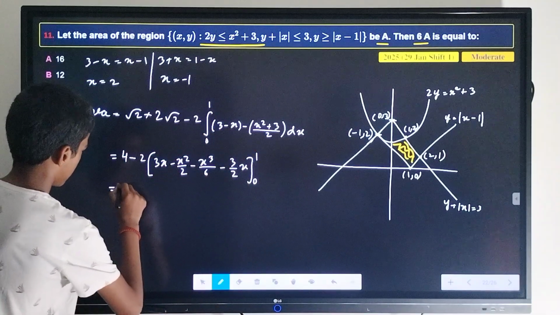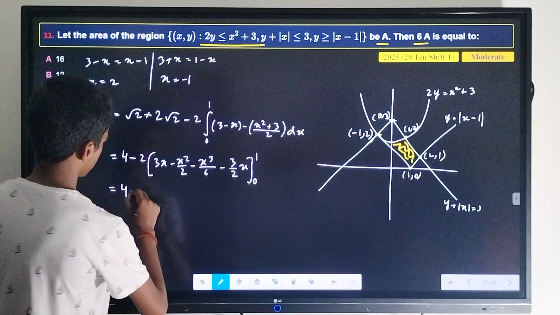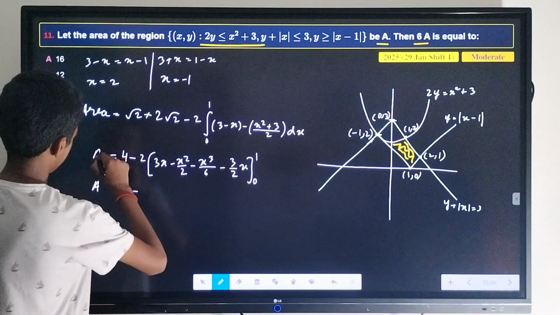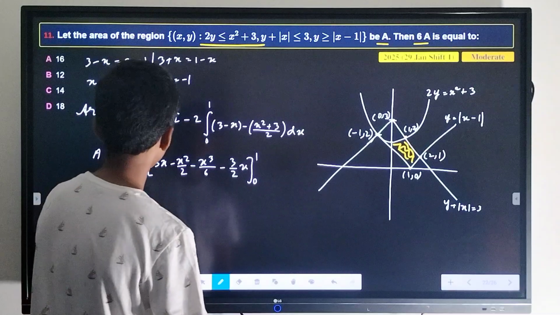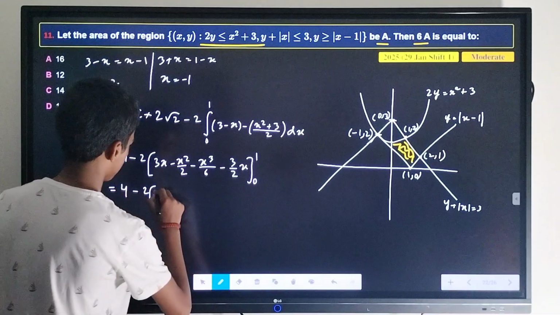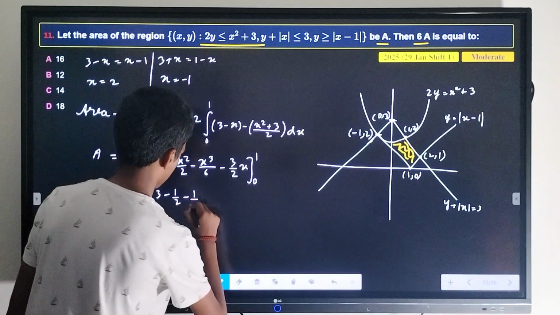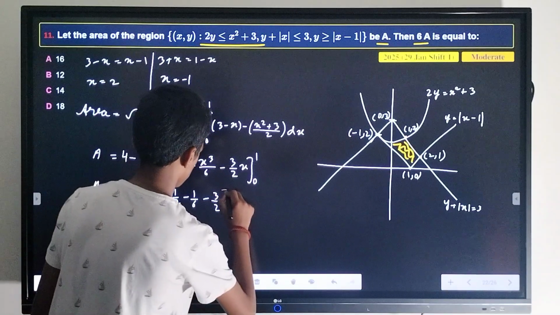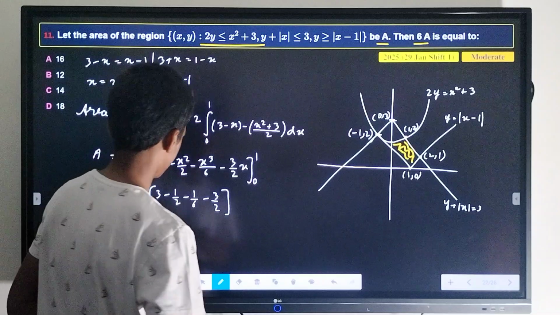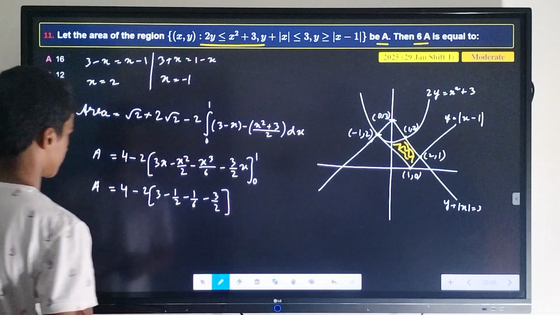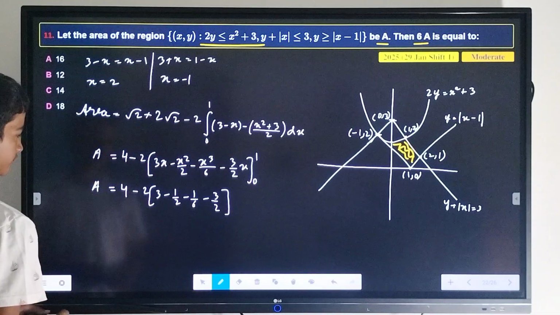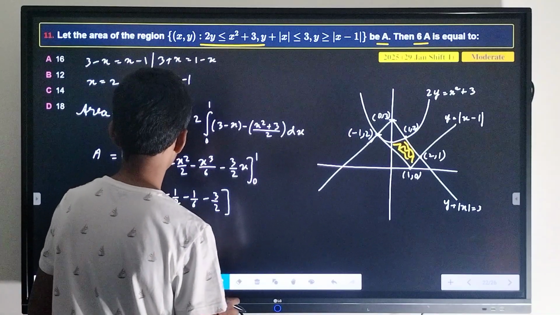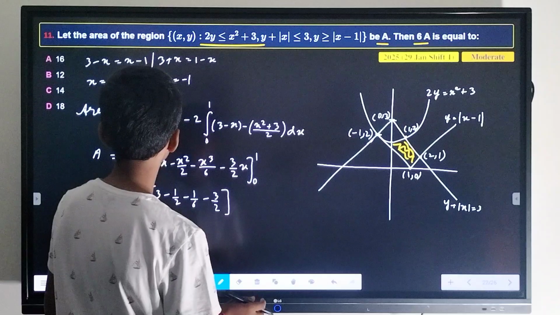So this is equal to 4 minus 2 times 3 minus 1 upon 2 minus 1 upon 6 minus 3 upon 2. From here this will be 4 minus 5 upon 3.